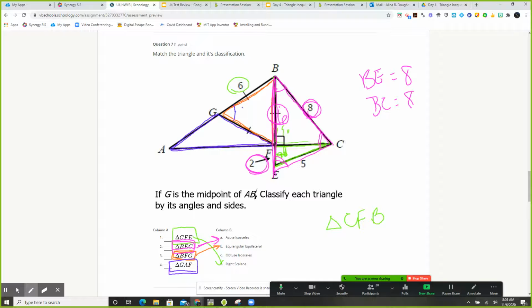So here I know this was 60 degrees, which means this has to be 120 degrees. So this is definitely obtuse. And the only one with obtuse in it is C. And it definitely takes some thinking, some logic, right? That's a tough question to think through. But that's kind of the process.